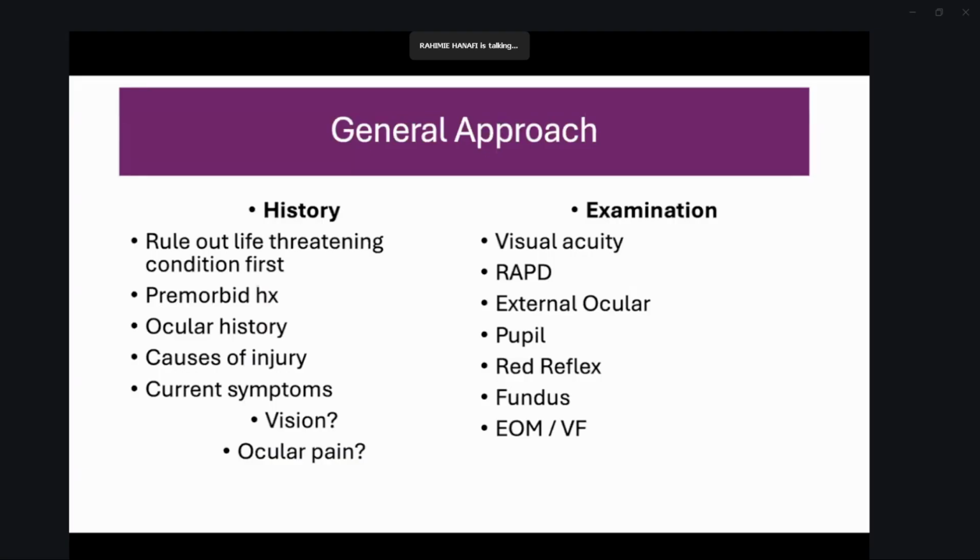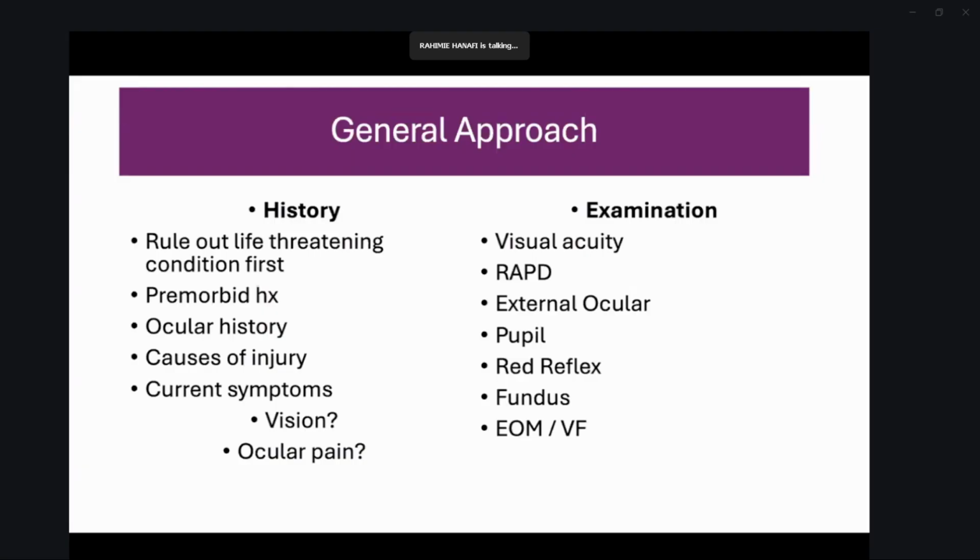After that, we look at the vision. We need to know the premorbid history, for example whether the patient is diabetic or not, and whether there is any previous ocular history, in which the eye was not seeing so well before or was a normal eye. And we want to know the cause of the injury and what the current symptoms are that the patient has.